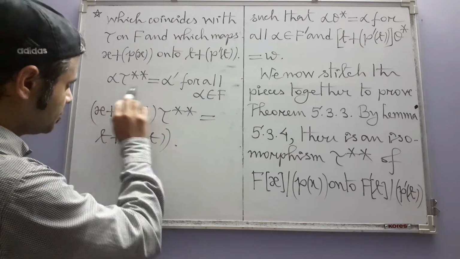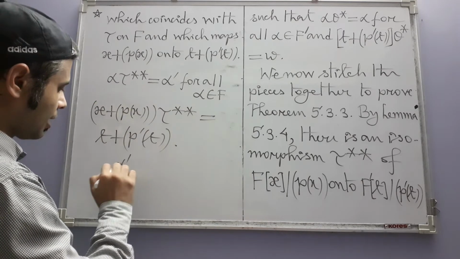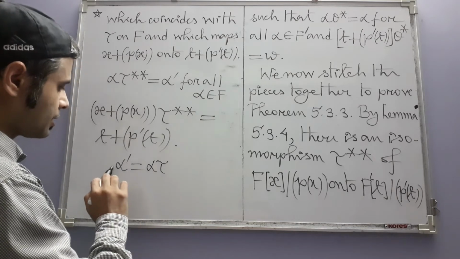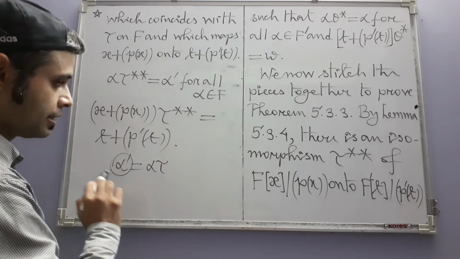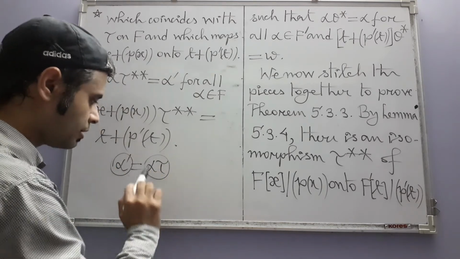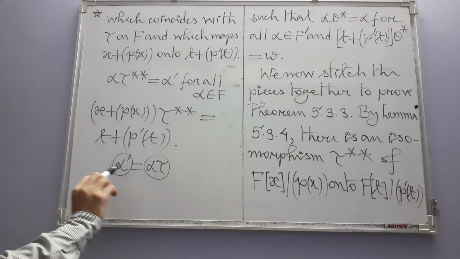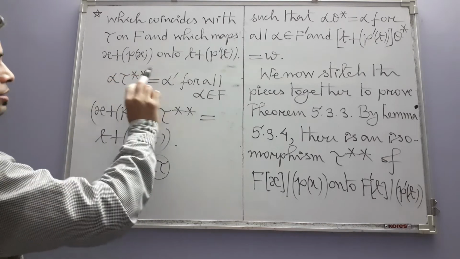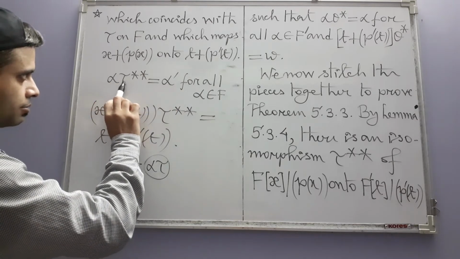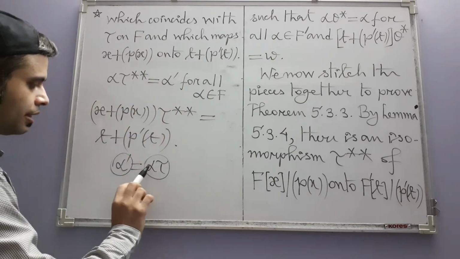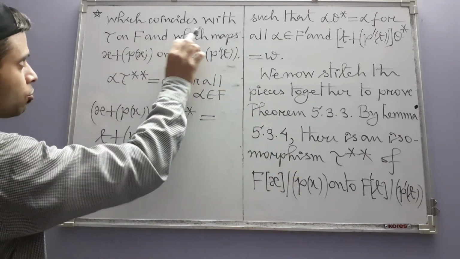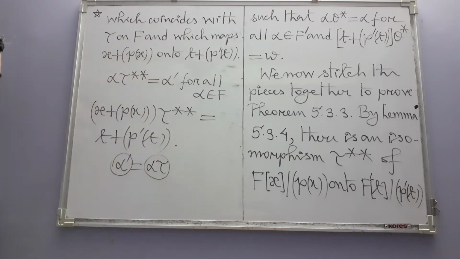Coincides with tau just means this, because alpha prime is alpha tau. Alpha prime does not have any different meaning. It is just a symbol which is denoting alpha tau. So since this becomes alpha prime, the image of alpha under tau star star is the same as the image of alpha under tau. So that's why this tau star star coincides with tau on F.